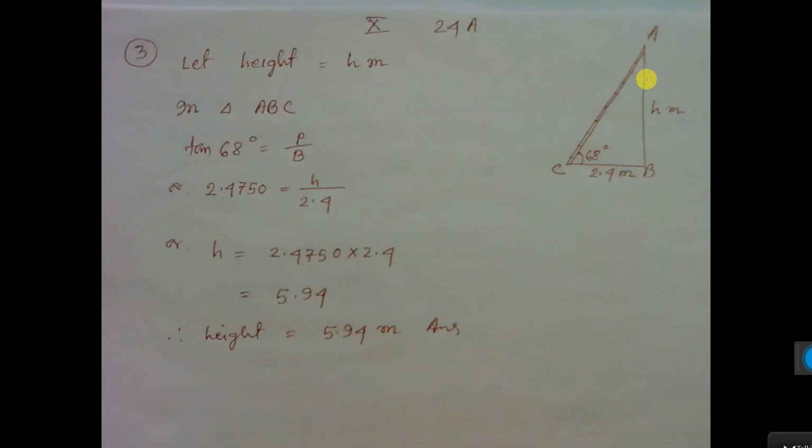This is the length of the ladder and this is the base. From the foot of the building 2.4 meter away, this ladder's foot is resting. So if you consider this one height and this one 2.4 meter, it is told, then height and base.